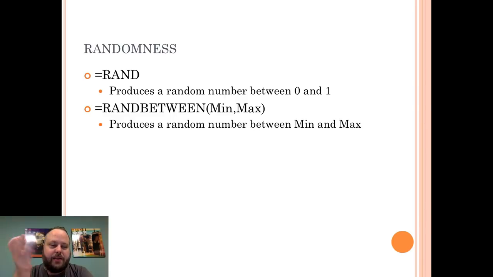So there's something I need to tell you about randomness in computers. It's not all it's cracked up to be. Randomness in computers kind of has this little, I wouldn't say flaw, but kind of weakness. The way it's set up is that there's this number that it starts off with, and it gets that number from the clock.